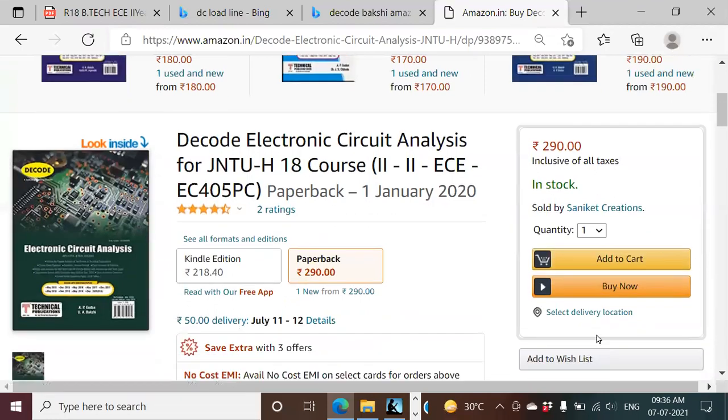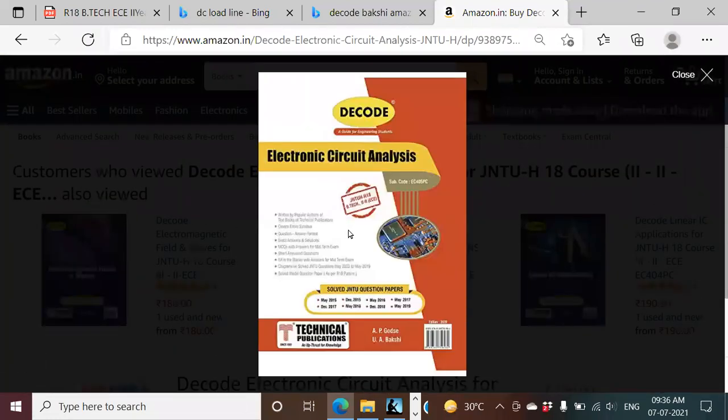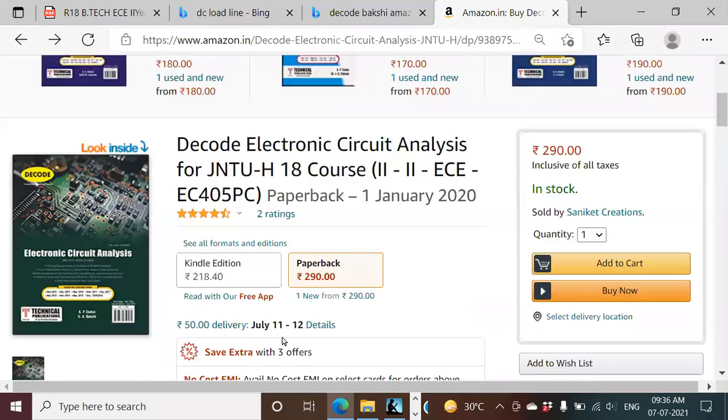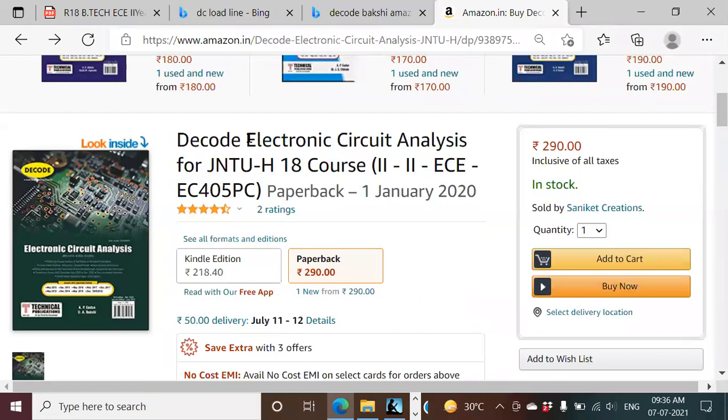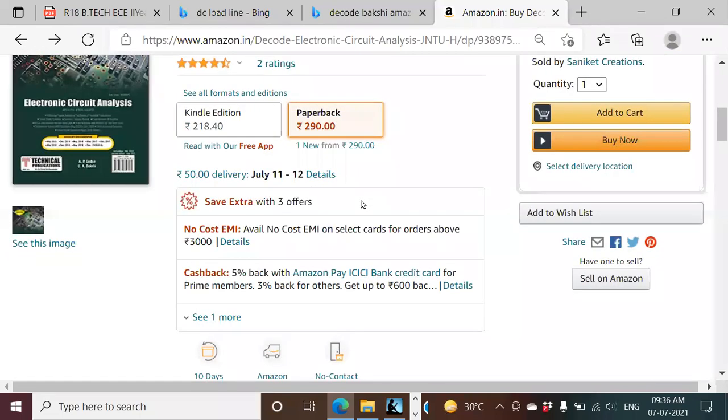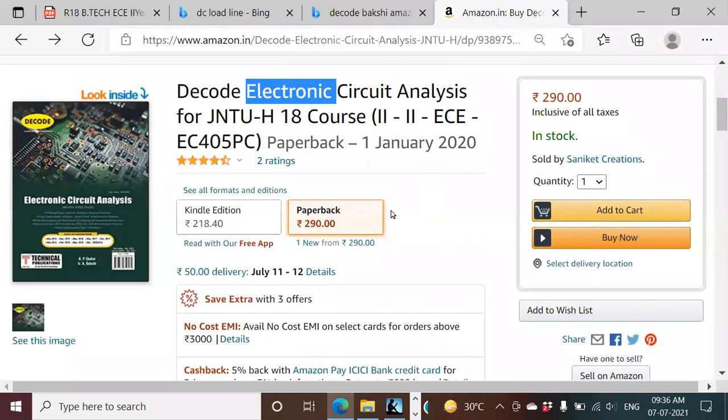This is the book that I am using now. You have two versions of this book, Electronic Circuit Analysis: a Kindle version and a paperback version. The paperback version includes the 2020 question paper. I recommend you take this.